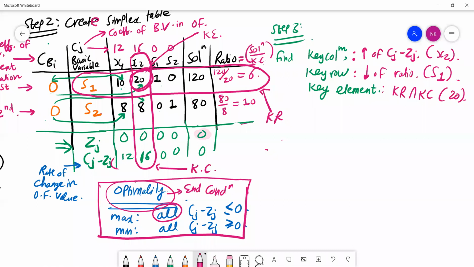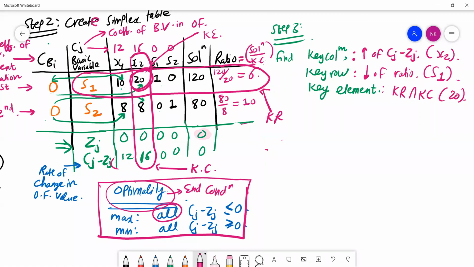Now I'm going to tell what we mean by key column and key row. I already told what we interpret by Cj minus Zj: it is nothing but the rate of change in the profit. And we found that X2 has the higher rate of change.